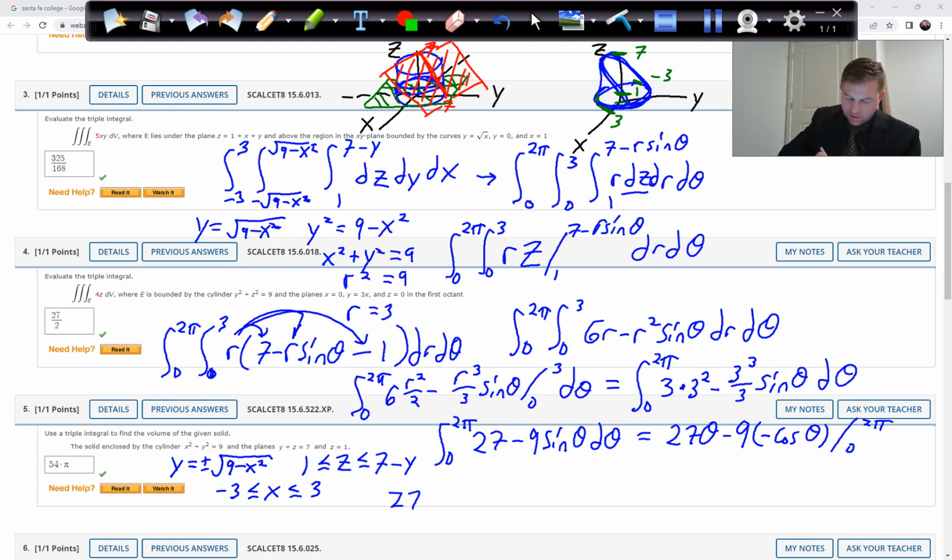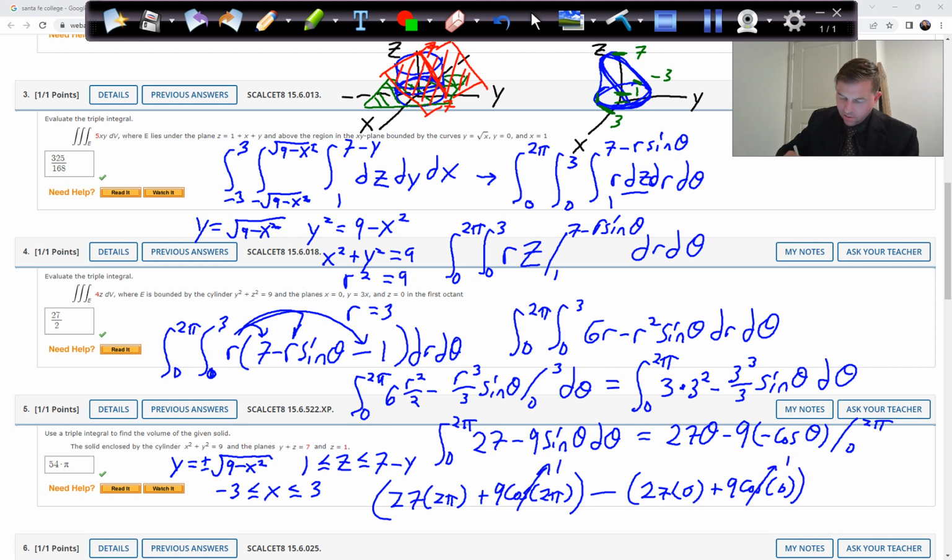So we get 27 times 2 pi plus 9 cosine of 2 pi, minus 27 times 0 plus 9 cosine of 0. Cosine of 2 pi and cosine of 0 are both 1. So we're going to get 9 minus 9. Those 9s will cancel. This 27 times 0 will cancel. So the only thing that's going to stick around is 27 times 2 pi, which is 54 pi.